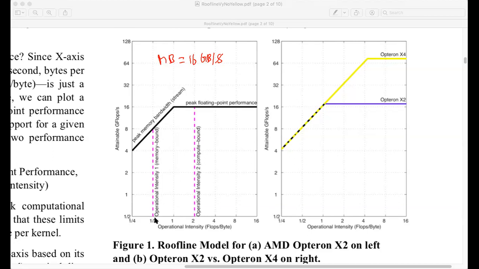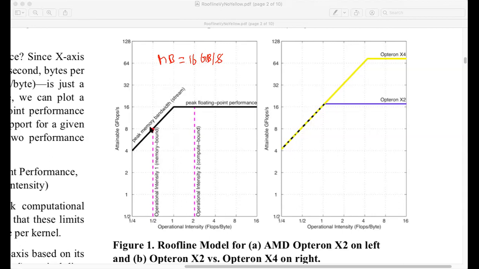Then the peak floating point performance that application can obtain, the number of gigaflops per second, is half times the rate at which you can stream the memory, and it is 8. You will see somewhere here.